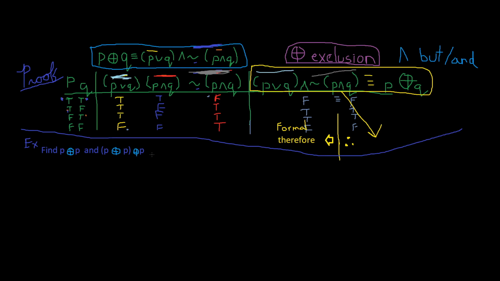This might take a little longer than anticipated, because it's not expecting you to know what to do. It expects you to know that this means this, but that's for P and Q. What happens if you have a P and P? What will the truth value be?